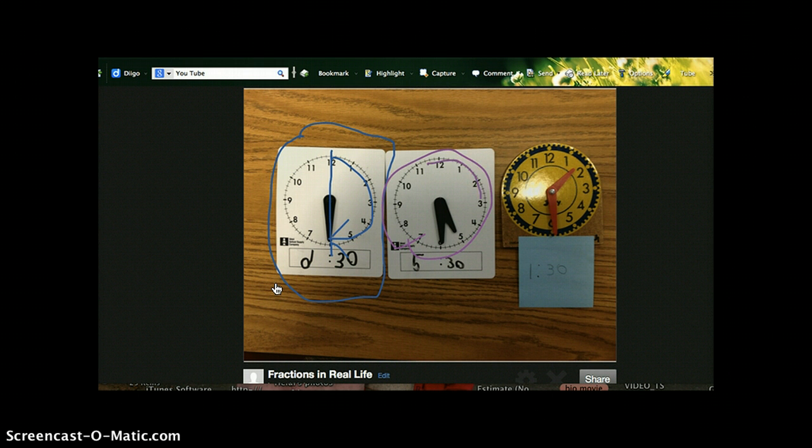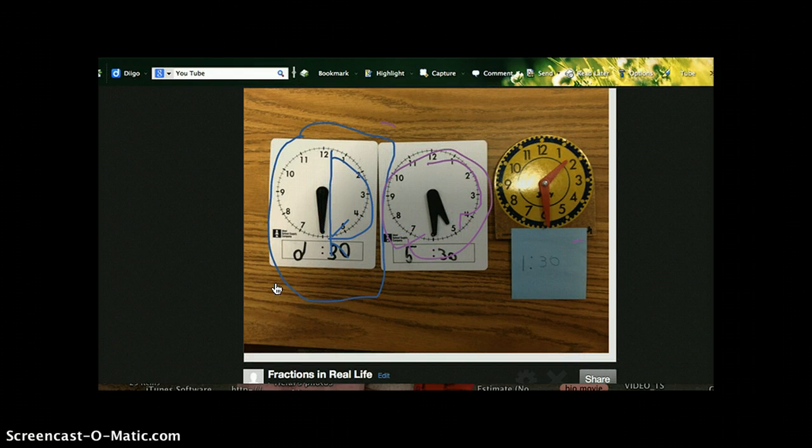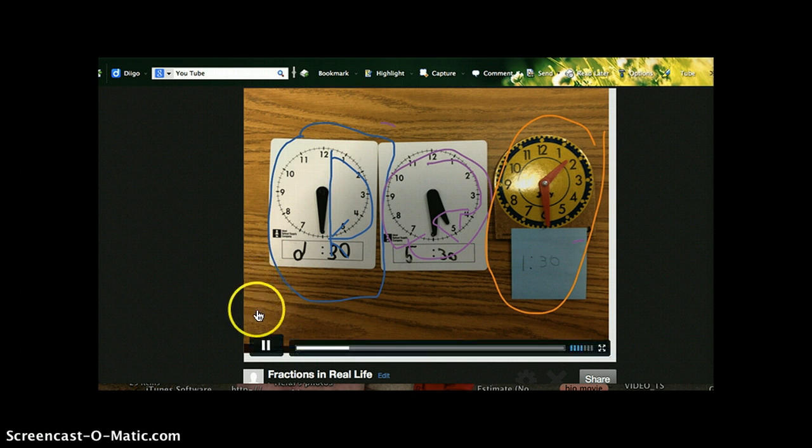It went all the way down to here, and then it kept going some more and went down to here. Oops, what am I doing? Oh no! This comes down again. I'm done. This clock says 1:30. Or 1/2 past 1.